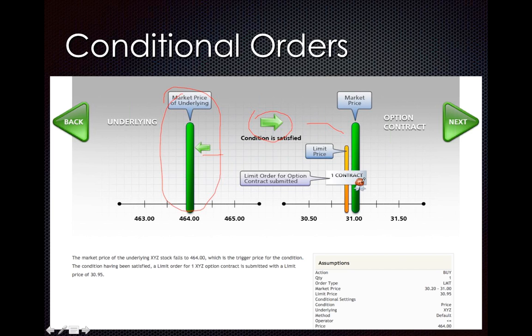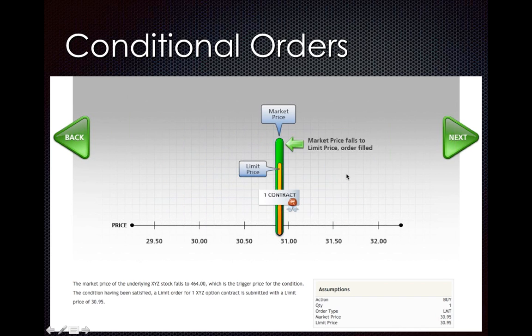You can see that one contract with a limit order was submitted to the market, and you can see our price. So now our order is working around this price, and if our limit meets the market, as you can see here, then the order will be filled, and the price would be no greater than $30.95. It could potentially be less, but no greater, and you get the contract.